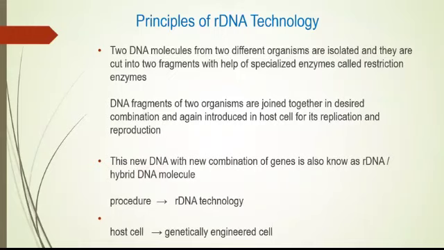Then these DNA fragments of two organisms are joined together in a desired combination and introduced back in a host cell, generally Escherichia coli, that is a bacterial cell. But nowadays other microorganisms or even cultured higher plant cells and animal cells are also used as host in rDNA technology for replication and reproduction in host cells.